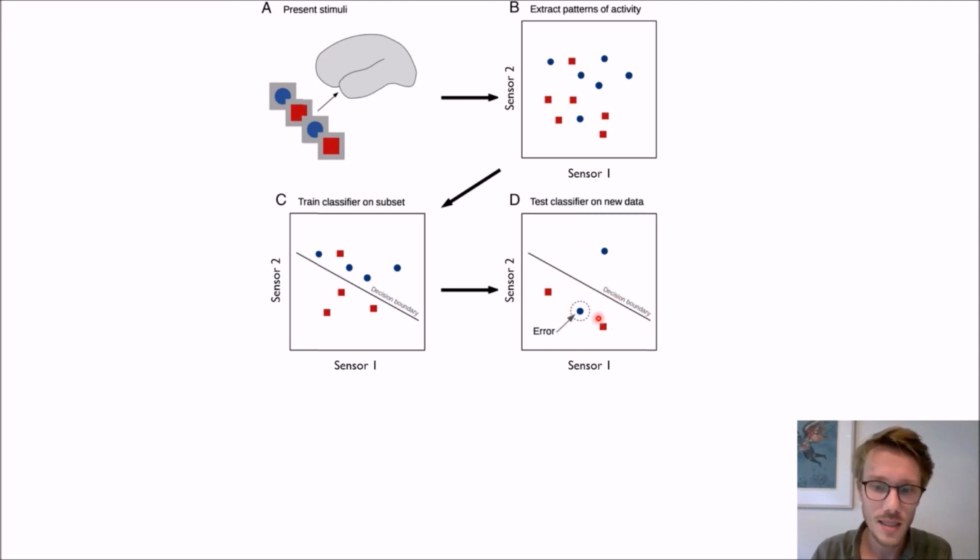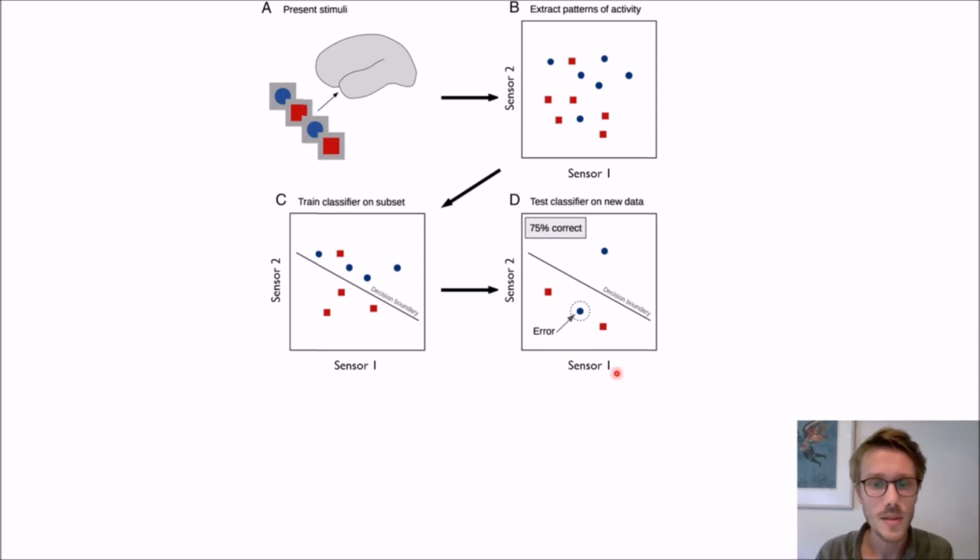Now our classifier classified this little point as an inanimate object even though it was an animate object. So that means that the classifier performance at this time point, based on sensor 1 and sensor 2, is 75% correct, which is not bad. Most of them were classified correctly.